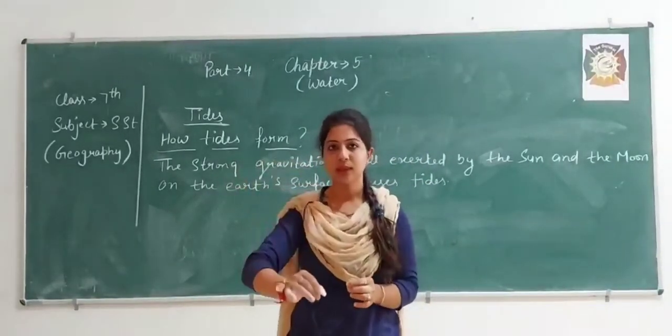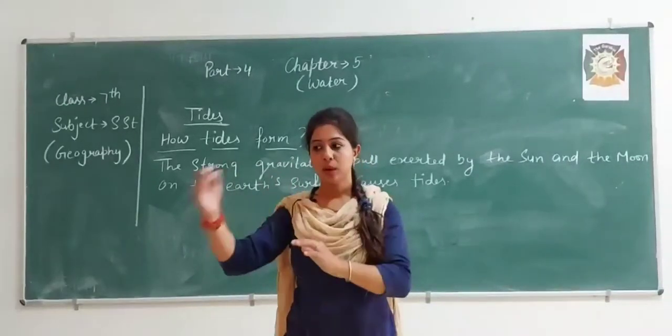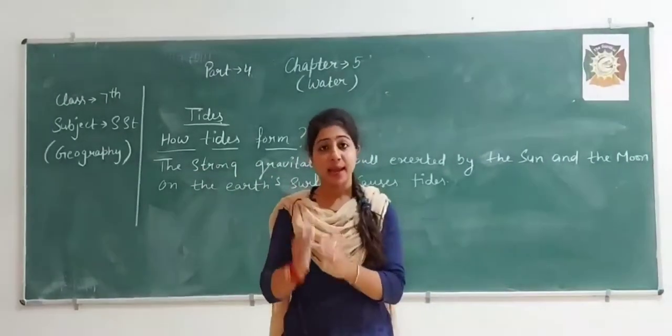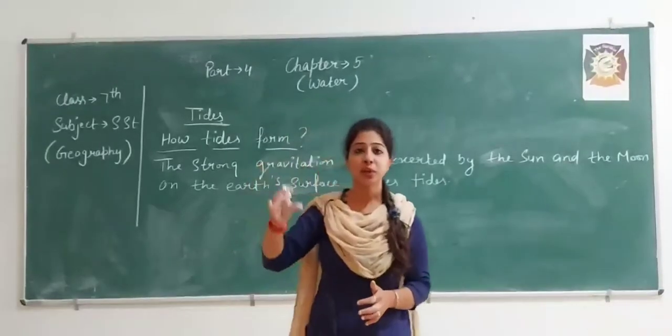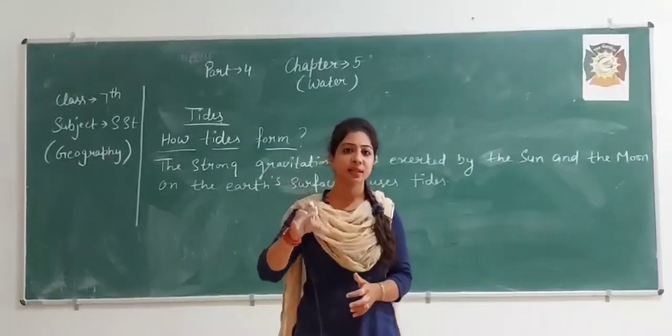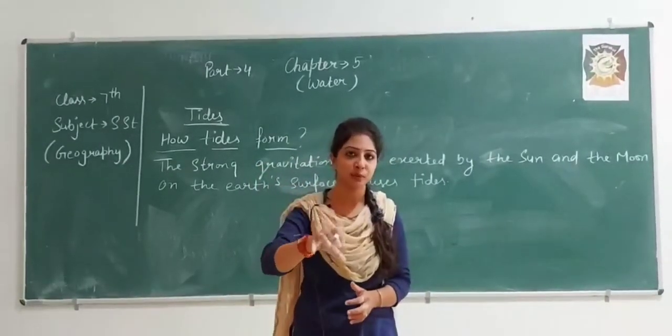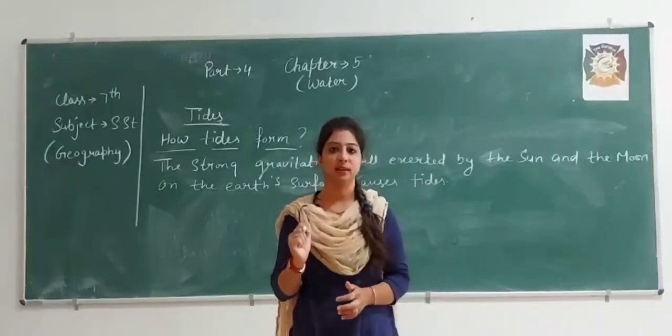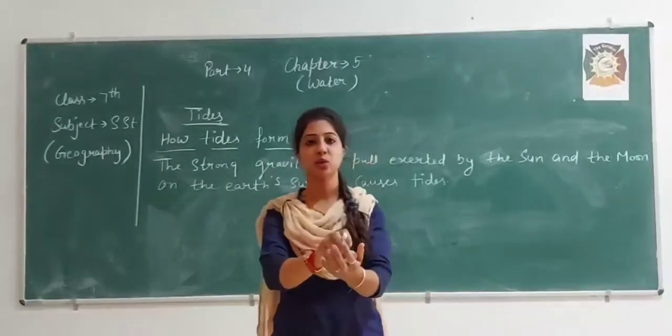Because moon orbits the earth, moon is near the earth, so moon applies its gravitational pull on the earth and tries to pull the earth.